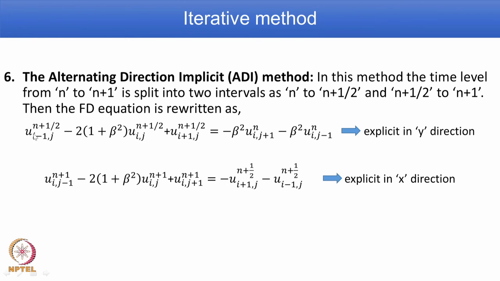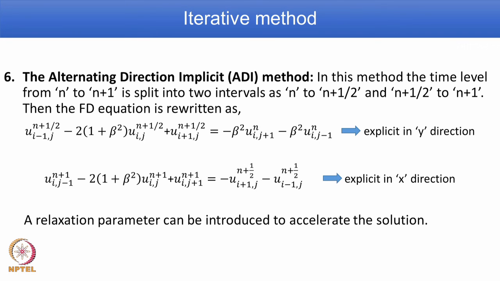The next stage, n plus half value is known and it is explicit in x direction. So, it is taken to the other side, and implicit in y direction, that is taken on the left side. And we already learned this is usually applied for a pentadiagonal matrix, and by applying this ADI procedure it gets reduced into a tridiagonal matrix, and it is possible to apply the TDMA procedure to get the solution.